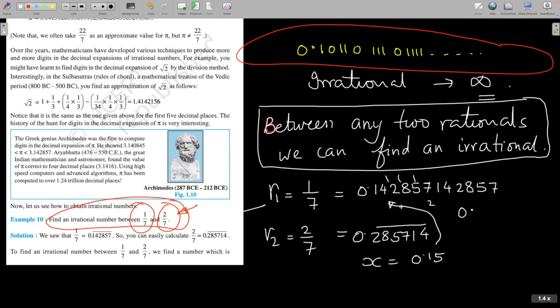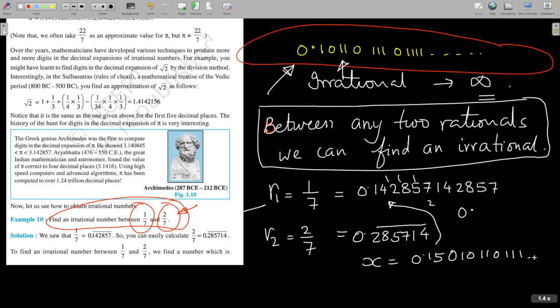Clearly 0.15 is already more than R1, and it is definitely less than R2. And now I'll just simply pad it up into an infinite decimal in the same way: 0.1011011 1.